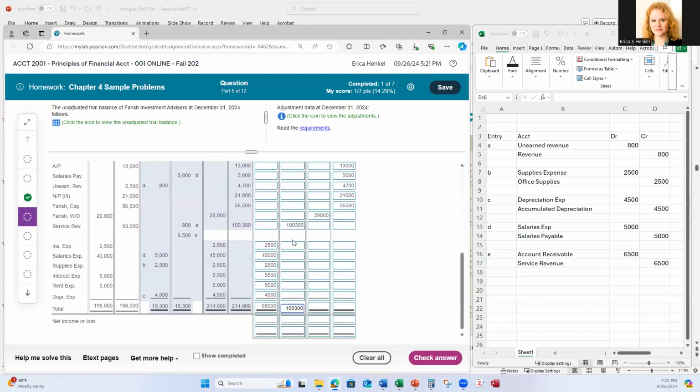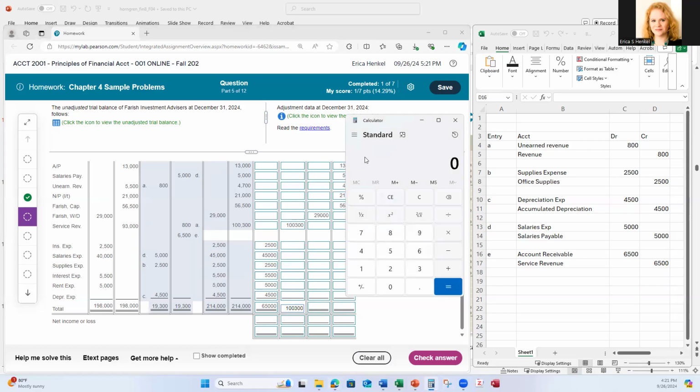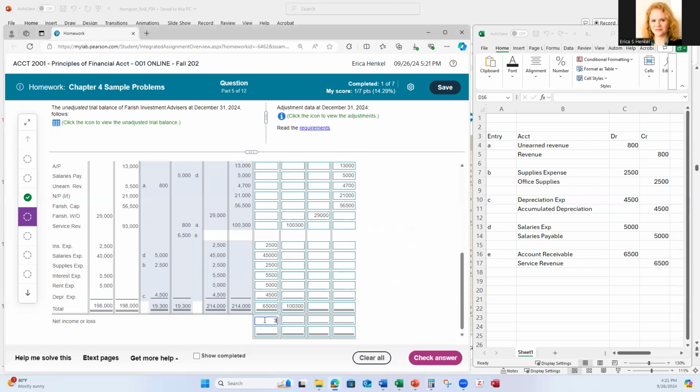Now, we've got revenues of 100,300, and then we've got expenses of 65,000. The difference between those two is actually our net income. So our net income is 35,300. We're going to pop that down here.